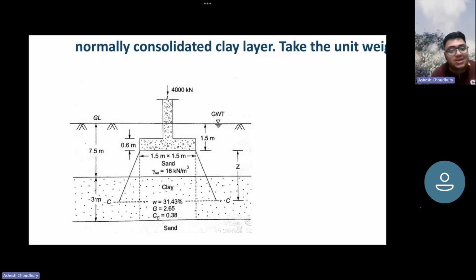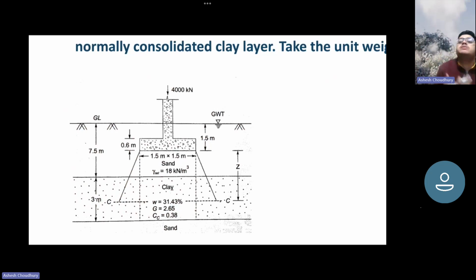The groundwater table coincides with the ground level, so both the sand and the clay are saturated. Below we have a clay layer sandwiched between two sand layers. Obviously, there will be consolidation settlement of the clay layer as water will drain out.